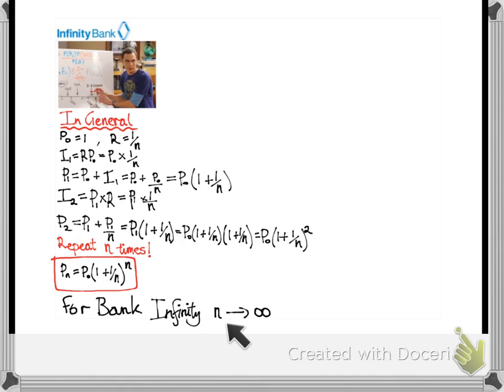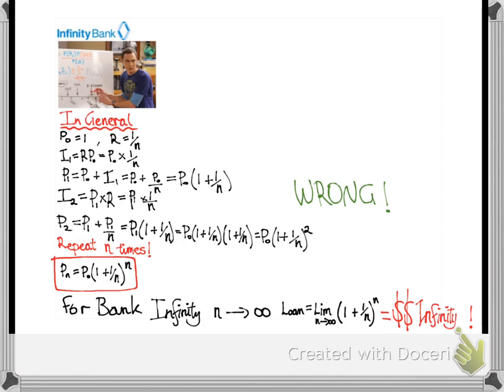Now for bank infinity, we're going to make n approach infinity. So let's think about the limit of this amount as n approaches infinity. So that will be the loan amount. So what do you think that might be? Well, if you thought that the cost of the bank loan now, with an infinite amount of calculations of interest, is going to blow out and the cost will be infinite dollars, then you'd actually be wrong.